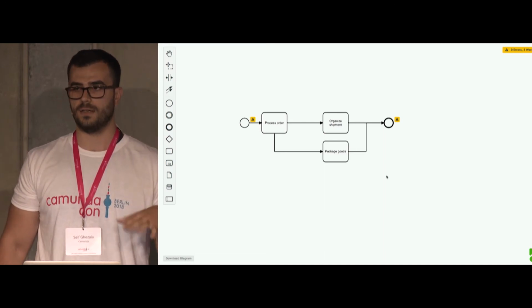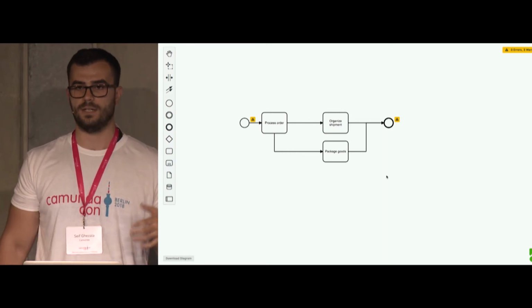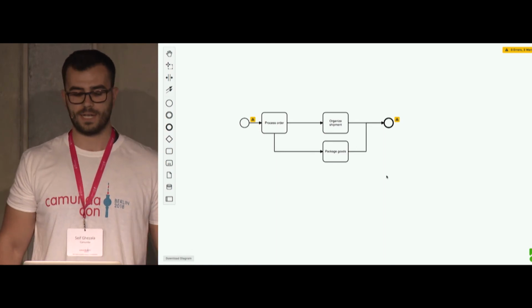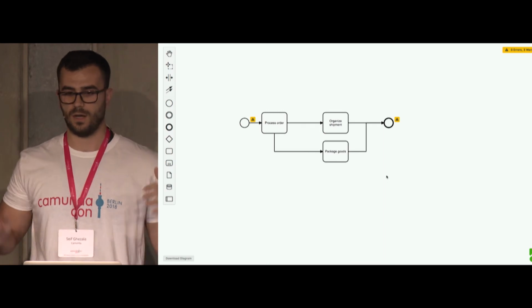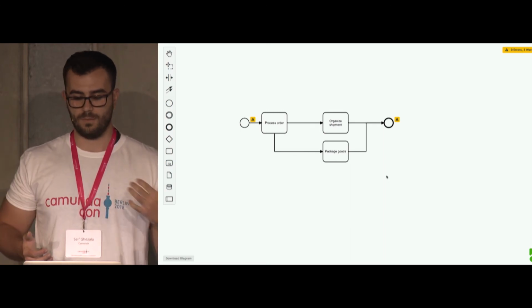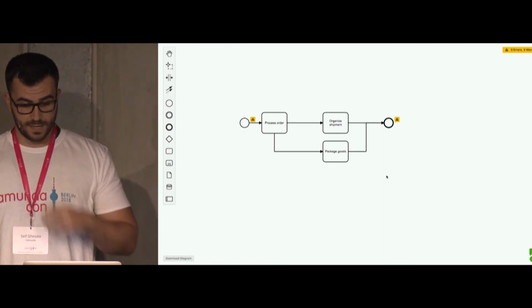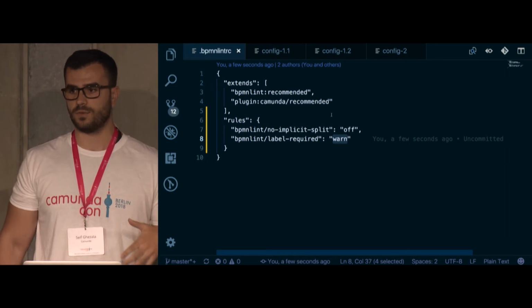But that's not it. Because sometimes the set of rules we provide are not enough. Maybe there are some rules that you really care about in your organization or individually while modeling, and you would want these rules to report violations to you while you're modeling. So just like the plugin of Camunda here, you can create a plugin of rules for anything.